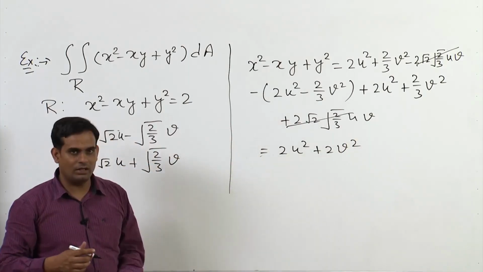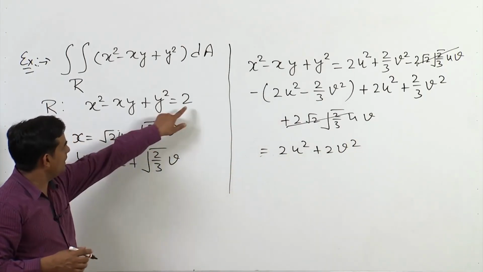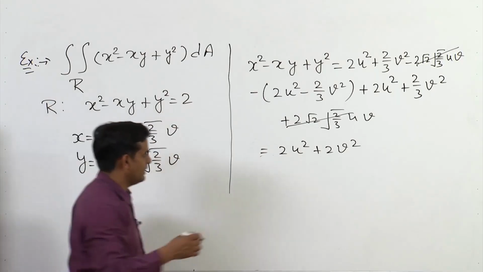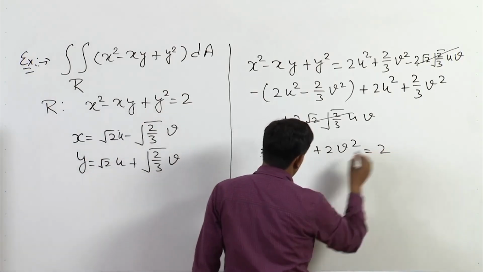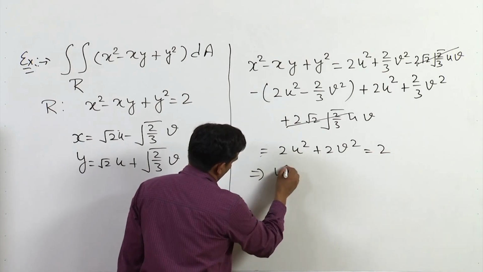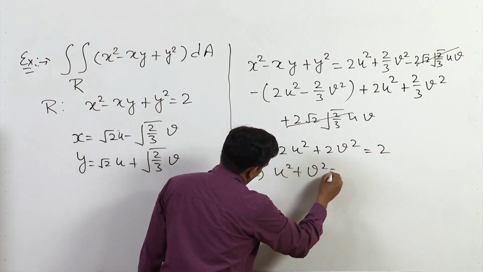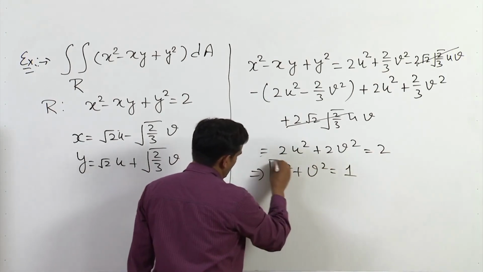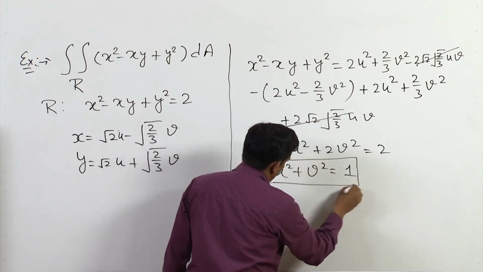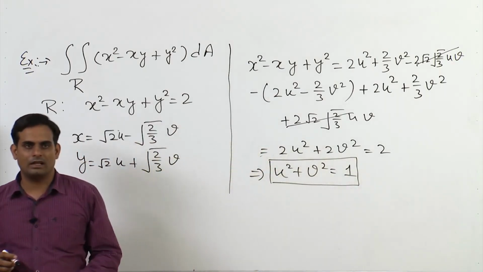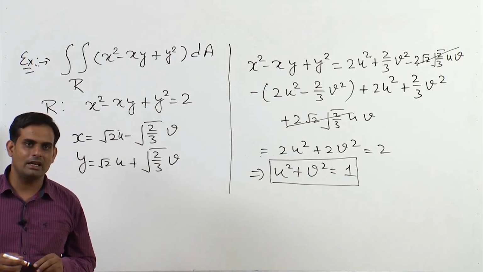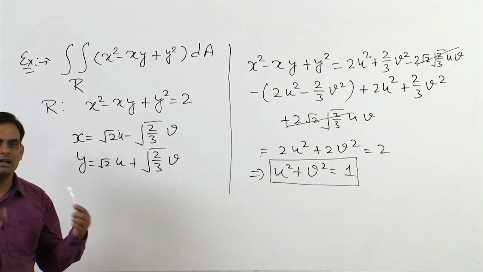So, we have taken all the terms, it was equal to 2. So, this equals 2. So, from here, after change of variables, the region becomes a circle of unit radius having center at the origin.